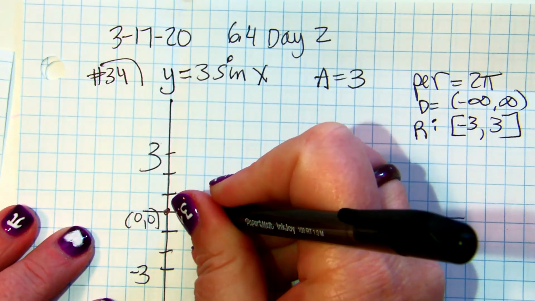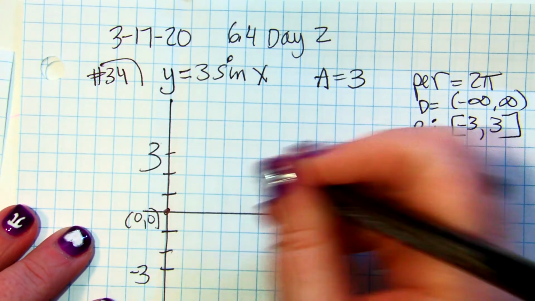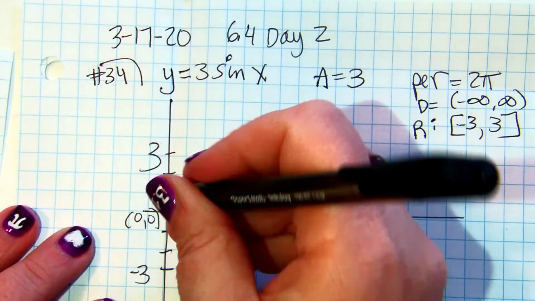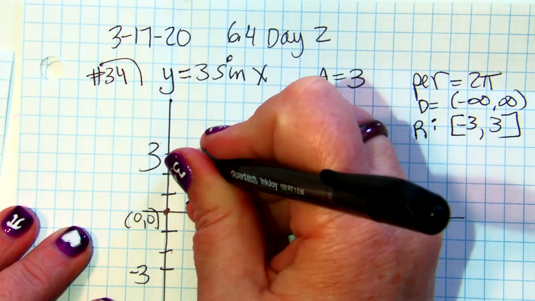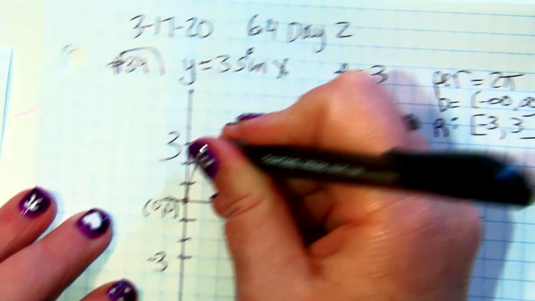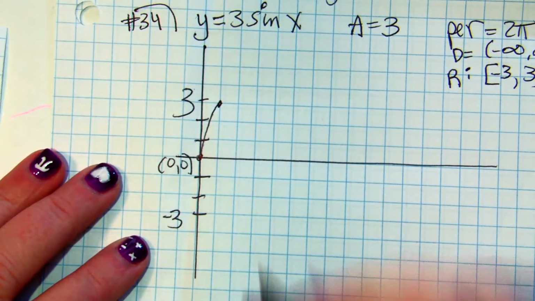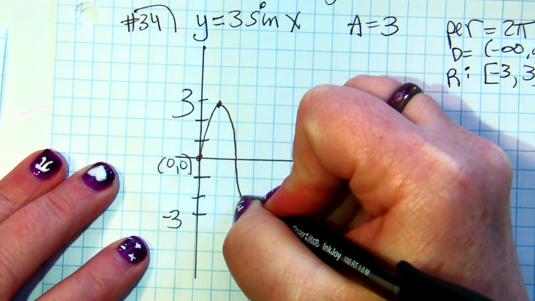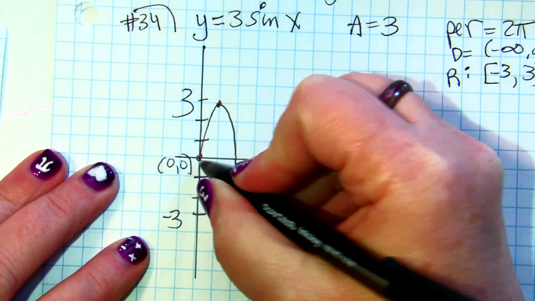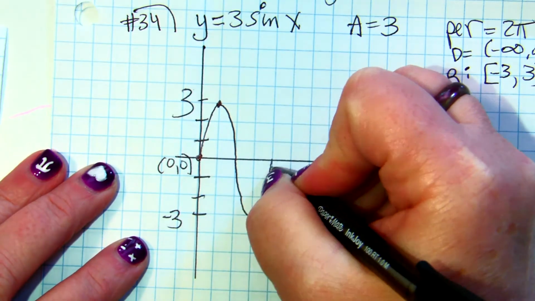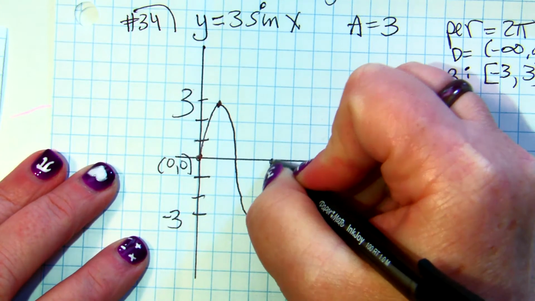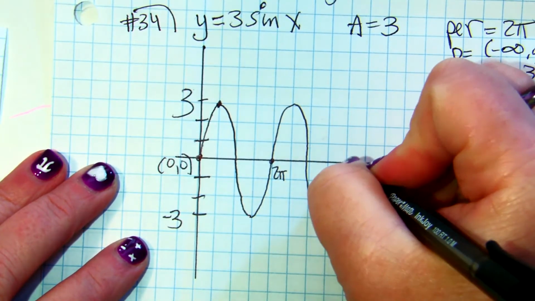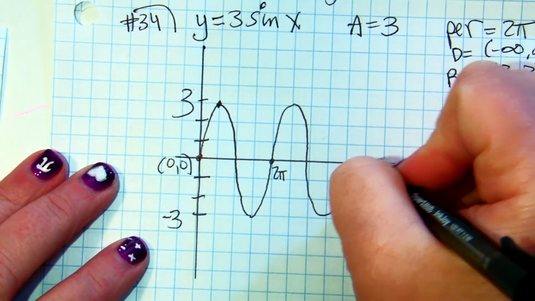So we're going to go up to 3 at pi over 2, back down to 0. We start at the origin because it's sine, down to -3 and back up to 0, and then we do it one more time because we're doing 2 periods, so it goes all the way to 4 pi.